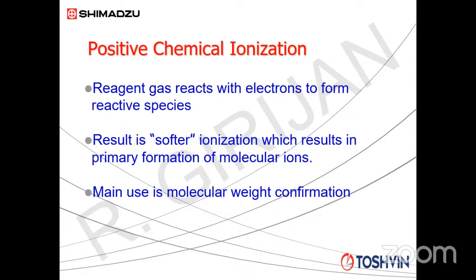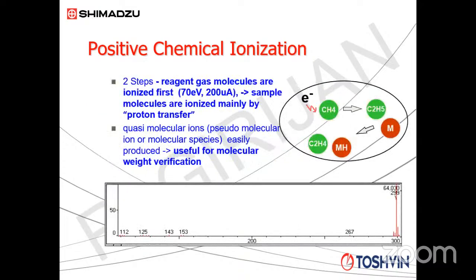And in this process, our molecule will get an additional proton. Addition of one proton, we all know, means the molecular weight will increase by 1 unit. And that is why we normally get an M plus 1 peak. So this is what actually happens. CH4 is introduced, it undergoes ionization, and it produces reactive ions.